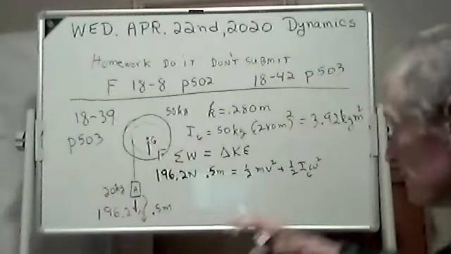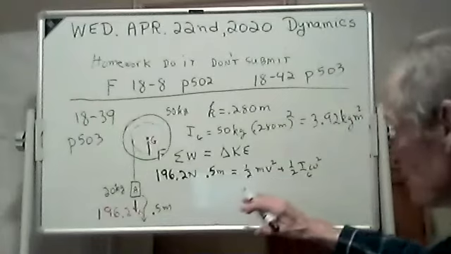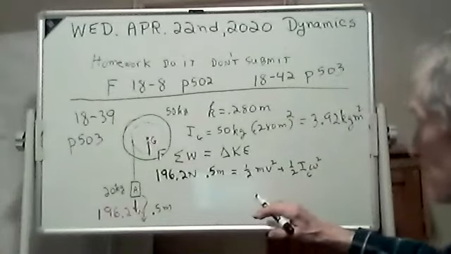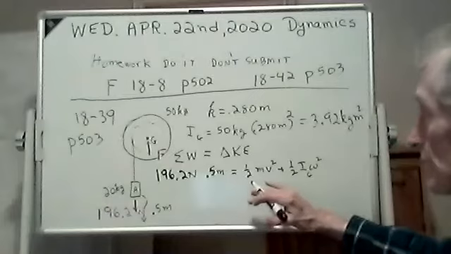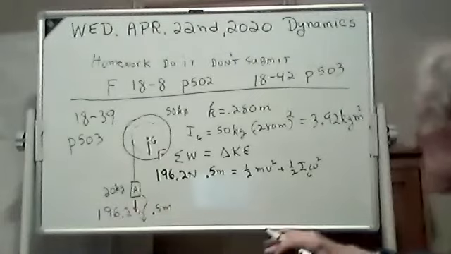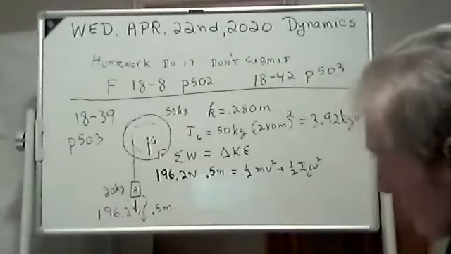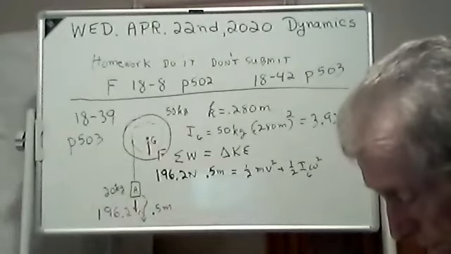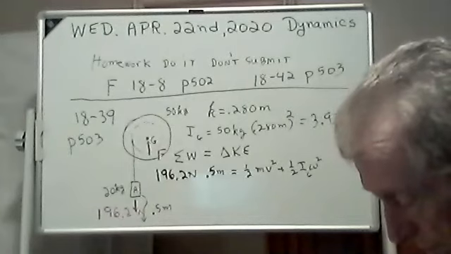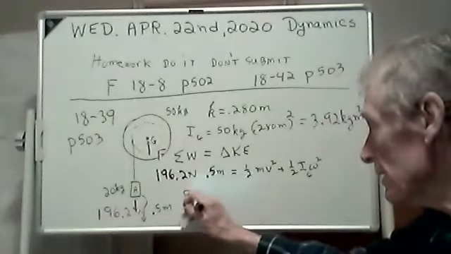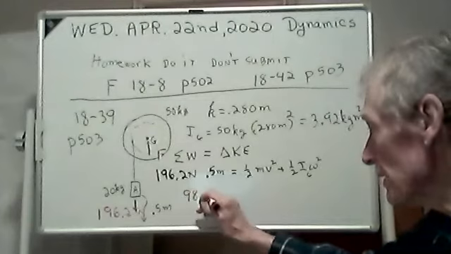Okay, but we know m here. Let me write that out. m is 20. Here, let me go ahead and figure that. 196.2 times 0.5. I'm getting 98.1. And you know what those are?